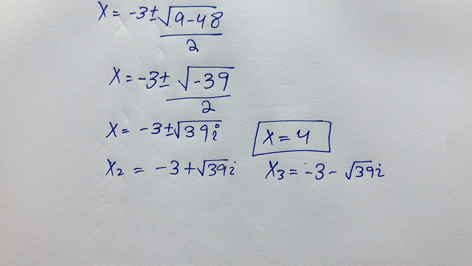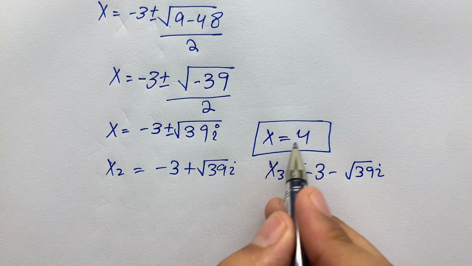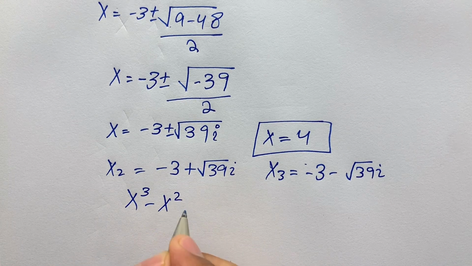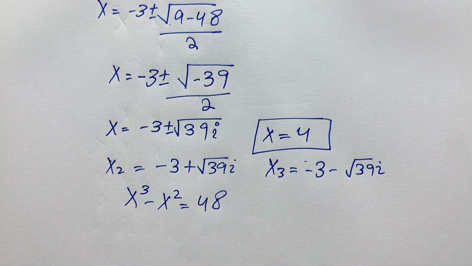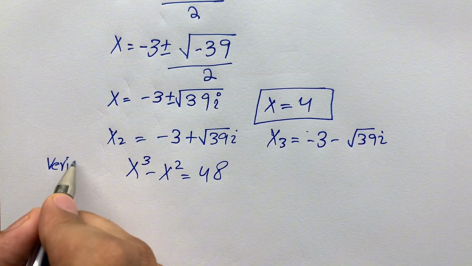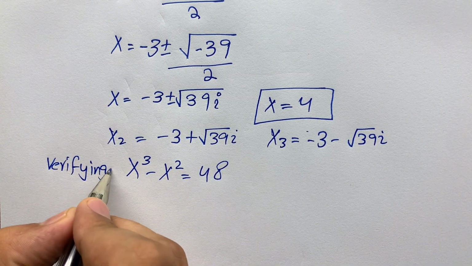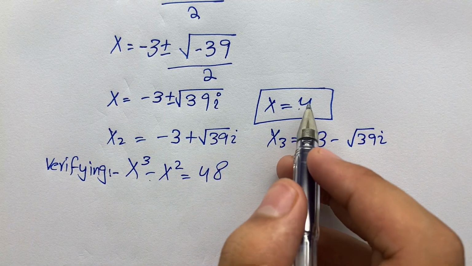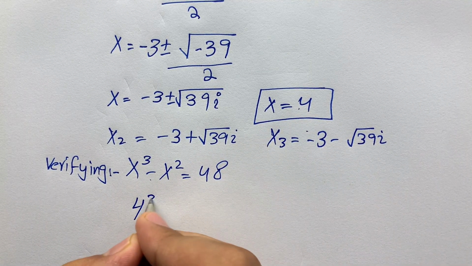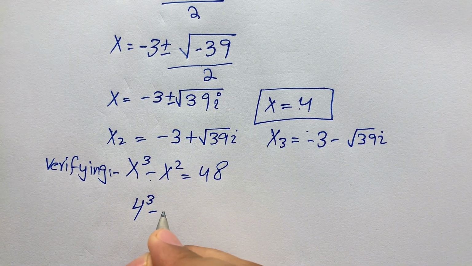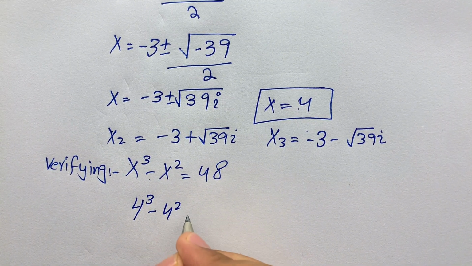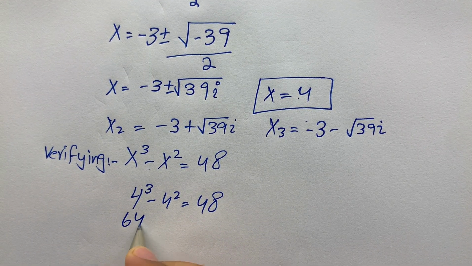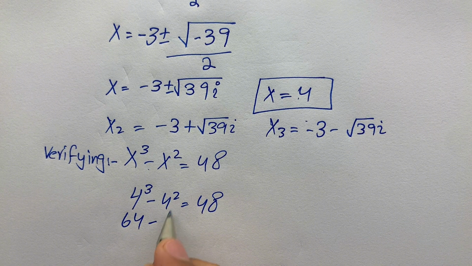Now we have solved our equation, and our question is x^3 - x^2 = 48. Now we are verifying this. We are putting the value of x is equal to 4. 4^3 minus 4^2: 4^3 is equal to 64, and 4^2 is equal to 16.